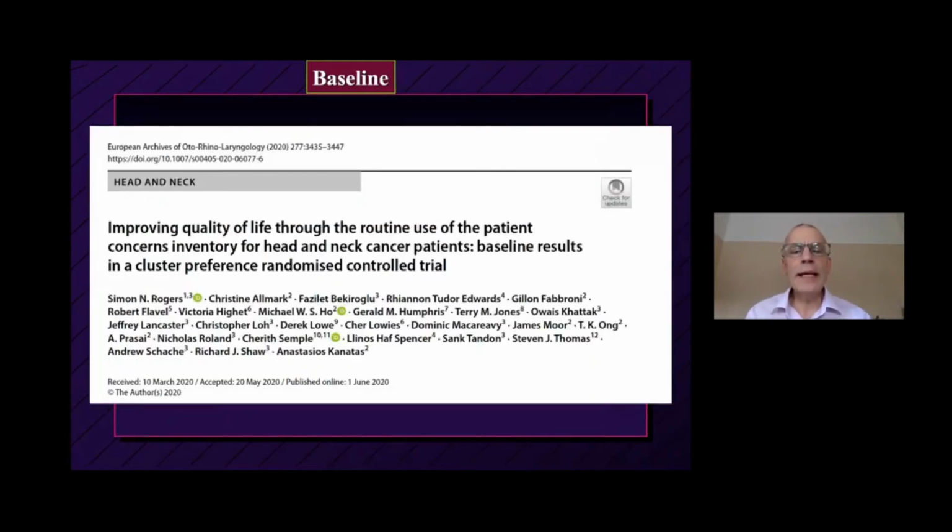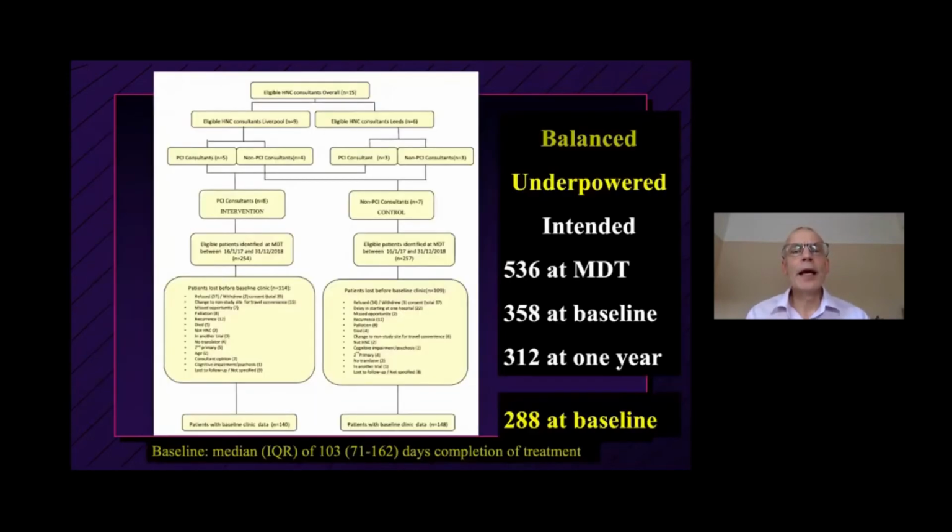In terms of the baseline results, that was published in 2020, and the inclusion and exclusion has been very carefully explained. And at 1 year, we had this power calculation of the number of patients that we would want to have in the study, accepting that we knew that there would be some attrition from baseline to 1 year.